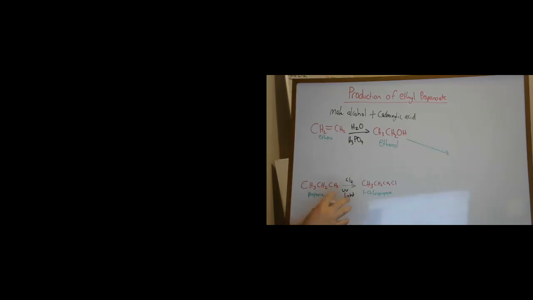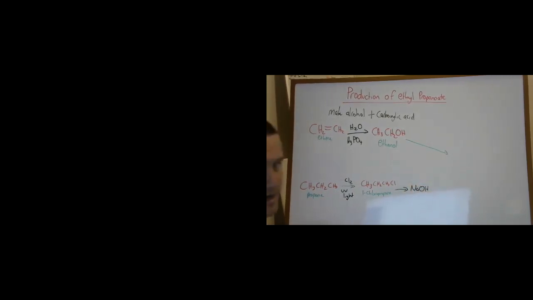We then react this with sodium hydroxide because we know that will produce an alcohol. So this part of Year 12 chemistry brings absolutely everything you've ever learned together. So we then react with that and we get propan-1-ol.